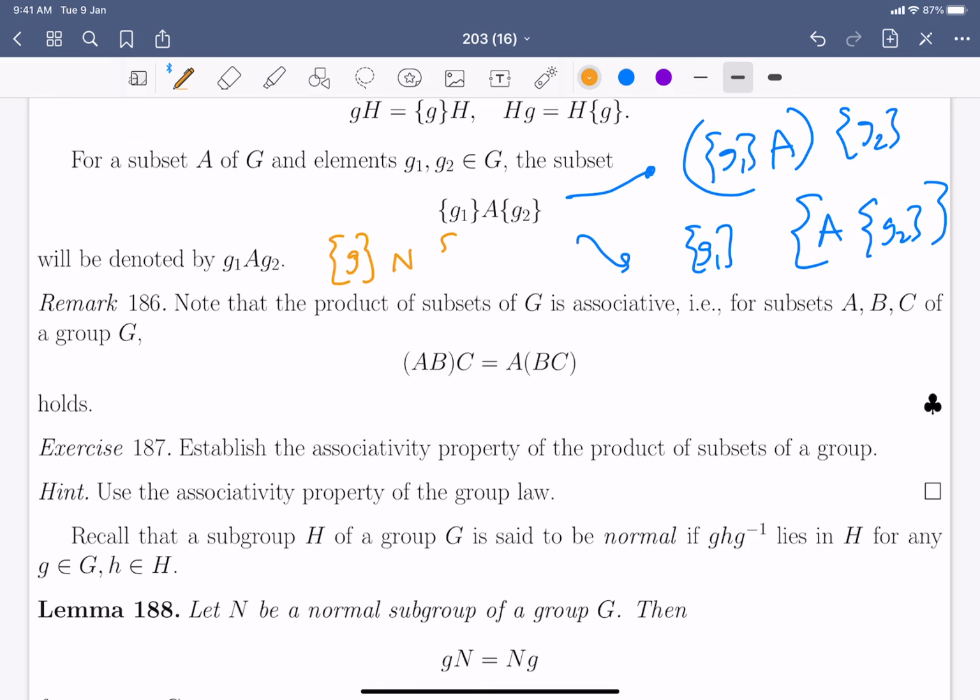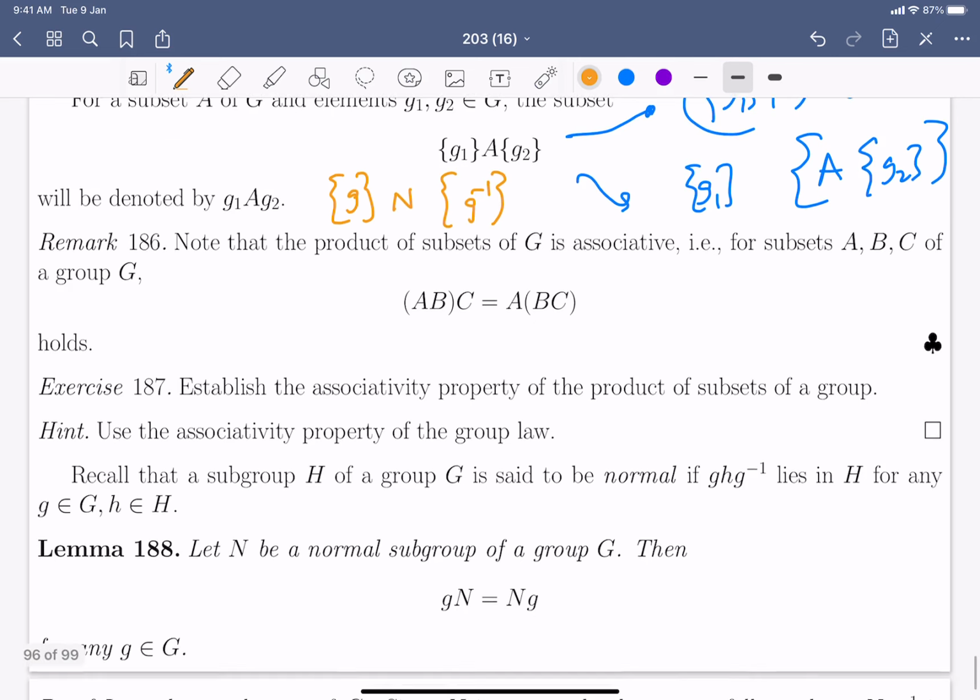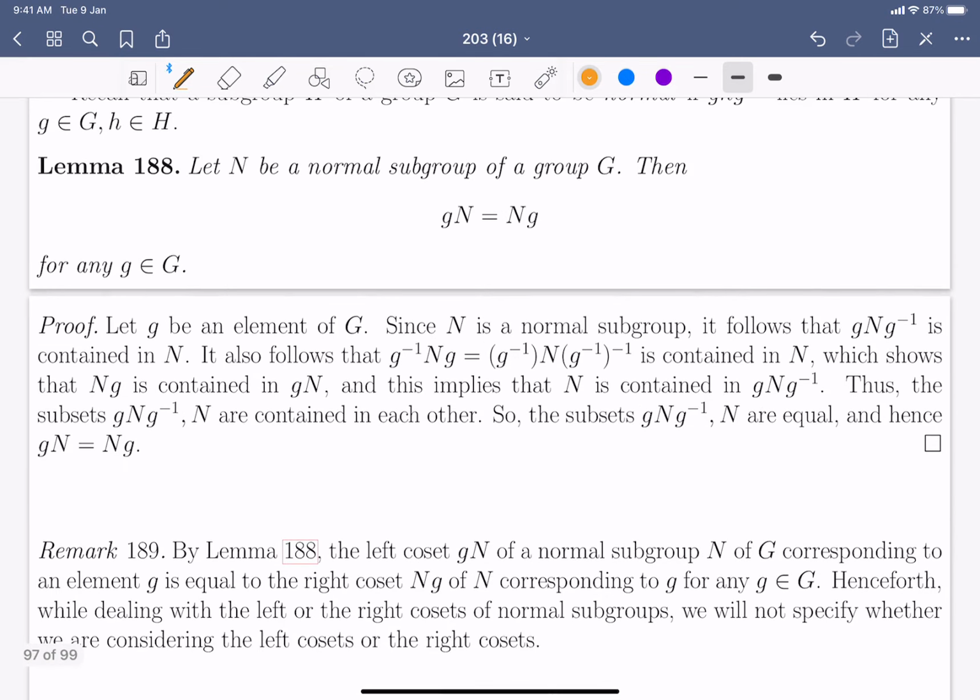So this gNg inverse is contained inside N. On the other hand, it also follows that g inverse N g, which is g inverse and then N and then the inverse of g inverse, is also contained inside N. Again, it follows from the hypothesis that N is normal.